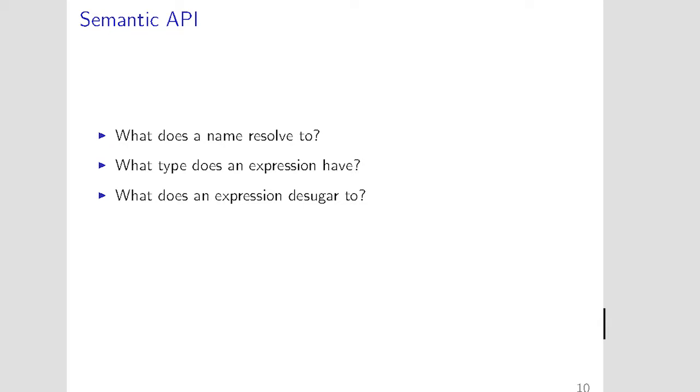Anyway, semantic API, what's that? Concretely, we are going to answer the following three questions with this API. That's what I would like to do. That's what I would like to provide the users. First of all, I would like to be able to take names in Scala programs and then say what they resolve to, what they mean, fully qualified names, for instance.